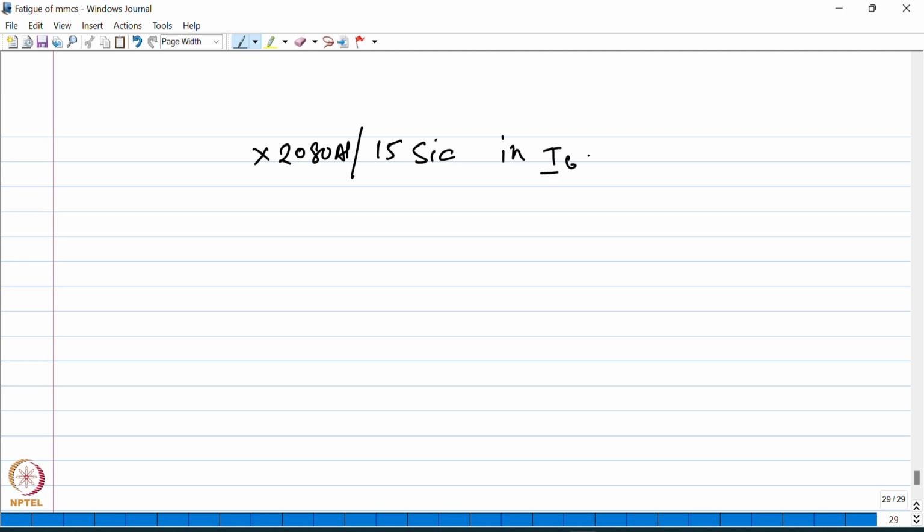And it was at a stress ratio value of 0.3. So this resulted in a modest increase in the threshold and a steeper slope in the mid-range growth regime. So if you look at the growth curve for this particular composite and compare it with the unreinforced material, it will look like this.